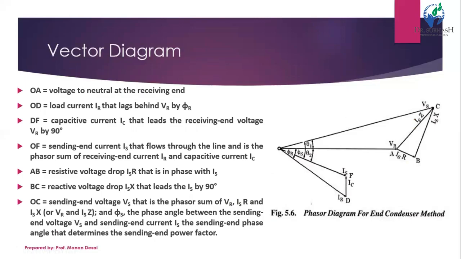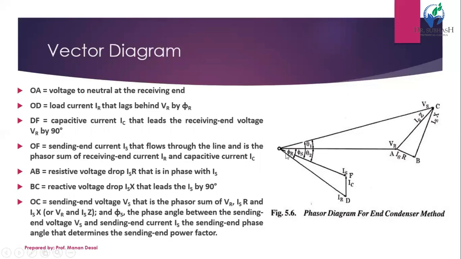Now we understand the vector diagram. What is a vector diagram? In a vector diagram, we observe the phase angle between two quantities, and how the voltage drop occurs. Starting from the reference, OA is the voltage to neutral at the receiving end.